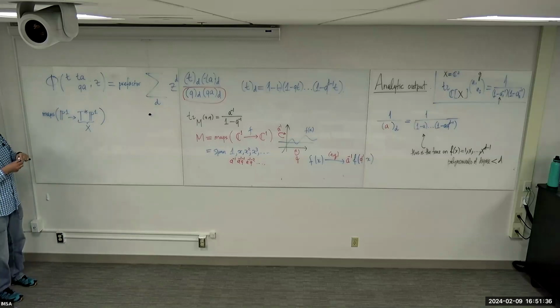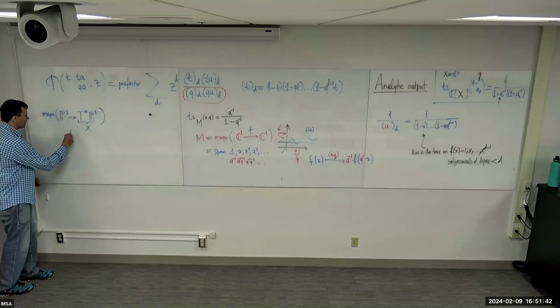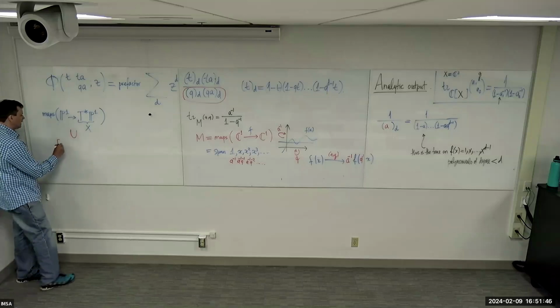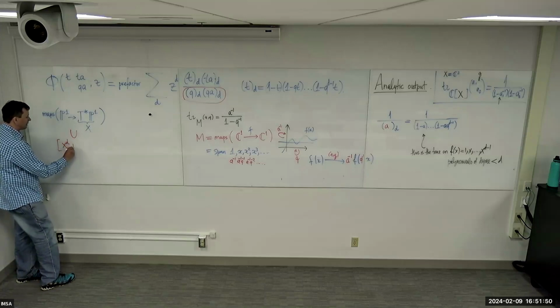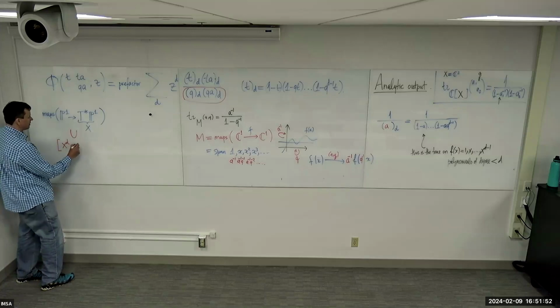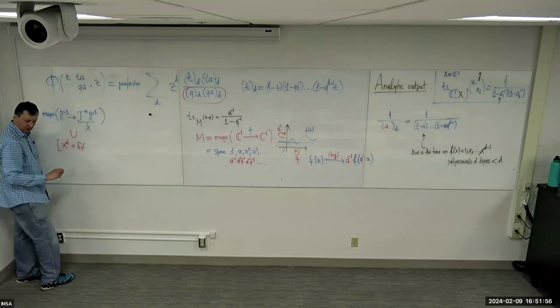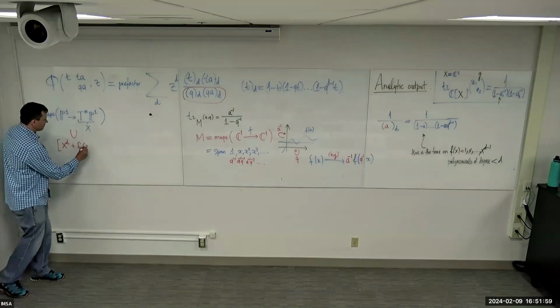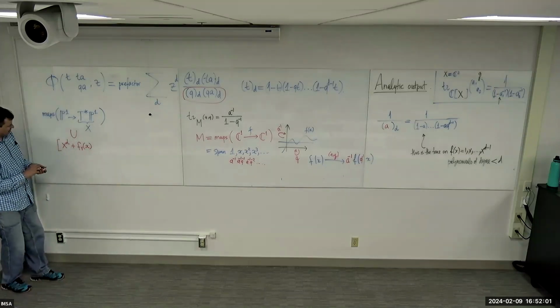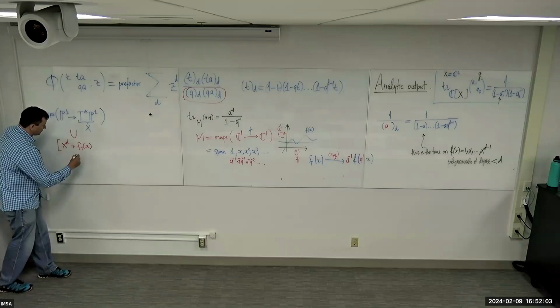The first coordinate will have x to the t plus some polynomial f1 of x, where the degree of f1 of x is less than d.